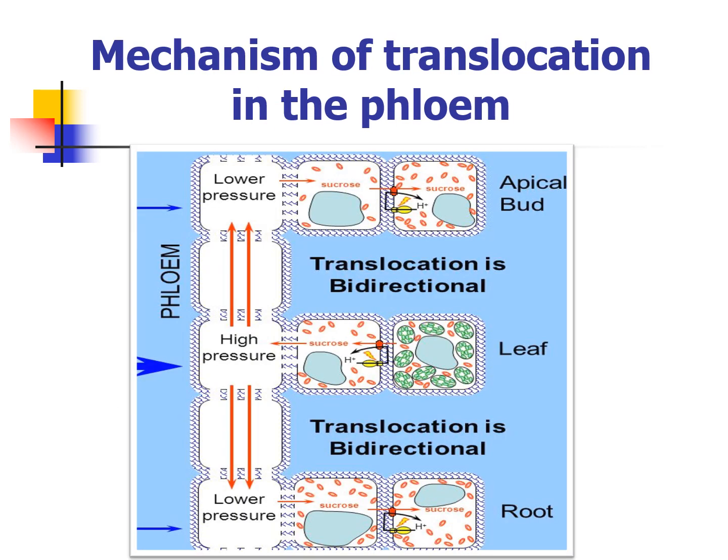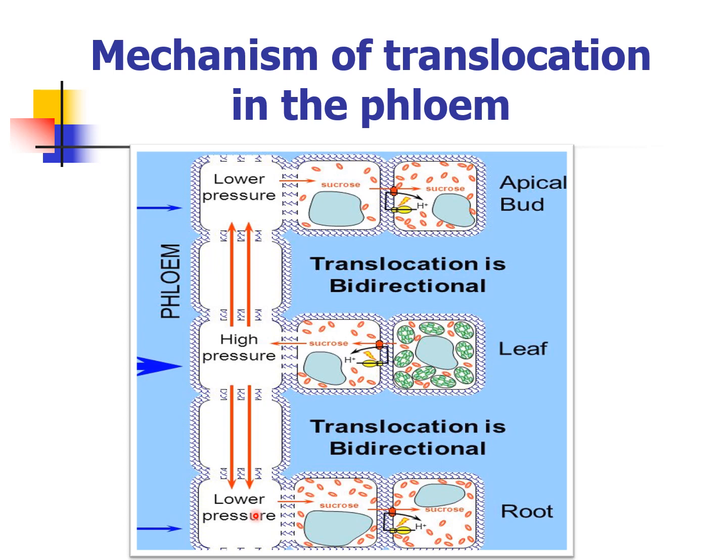The mechanism of phloem transport is bidirectional, that is, from mature leaves upwards to areas of growth or from mature leaves downwards to areas of storage.